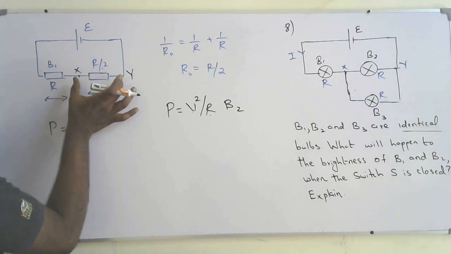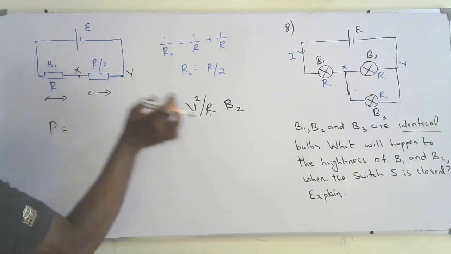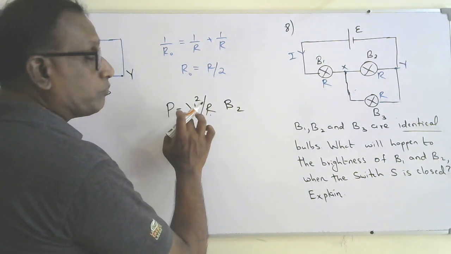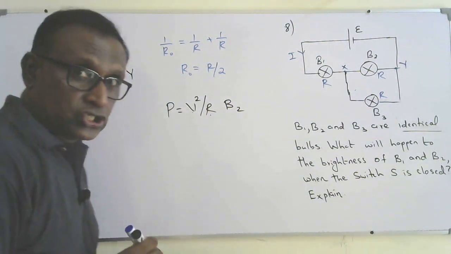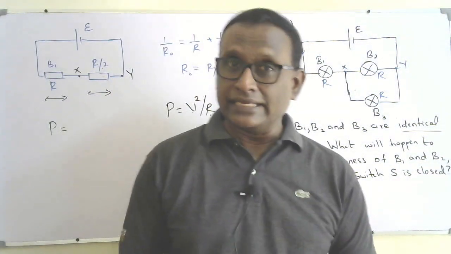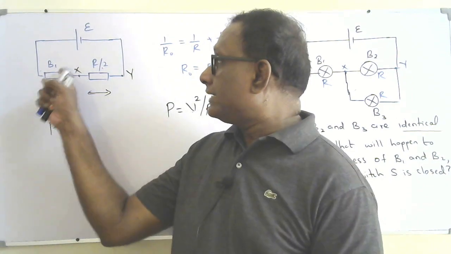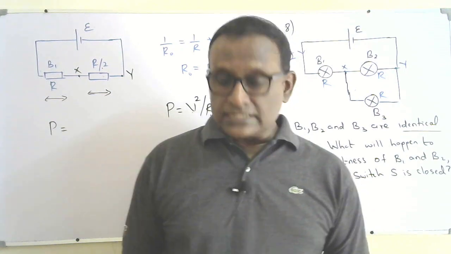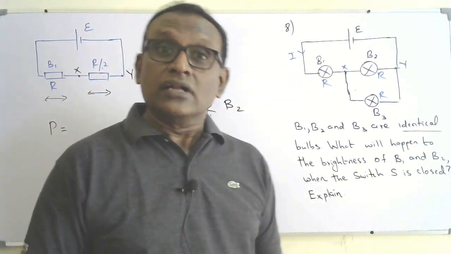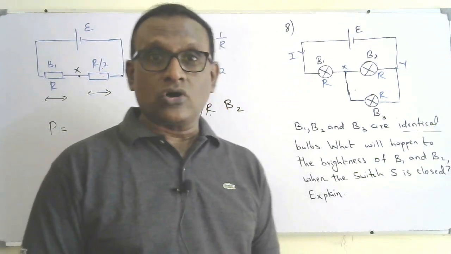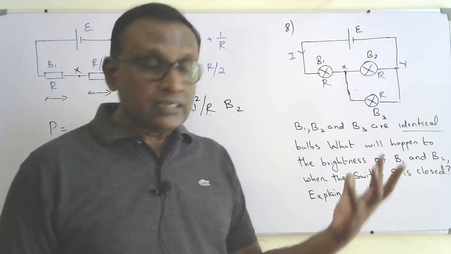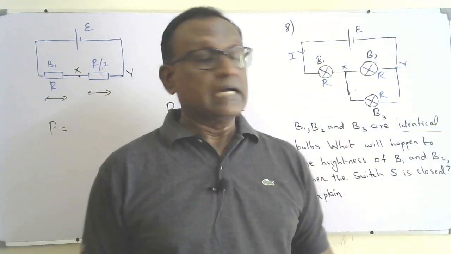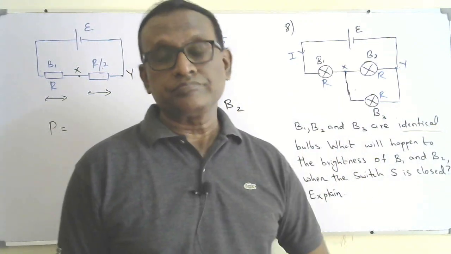With the resistance of B2 remaining the same, the power across B2 is dropping. Brightness will decrease for B2, brightness will increase for B1. Okay, so that's the answer. B1 will have more brightness than earlier, but the brightness of B2 will drop compared to earlier when the switch was open.